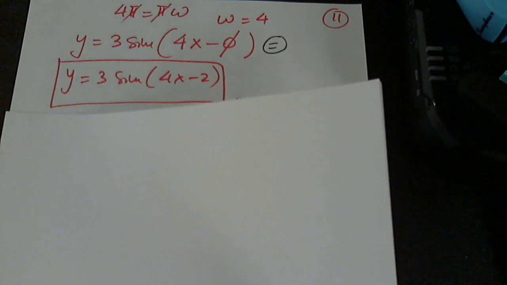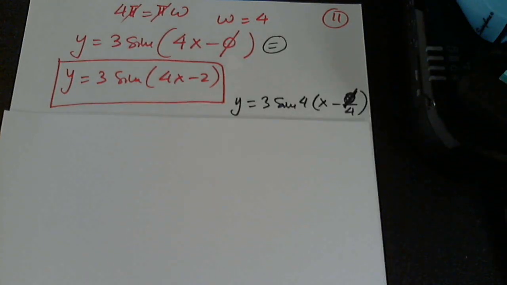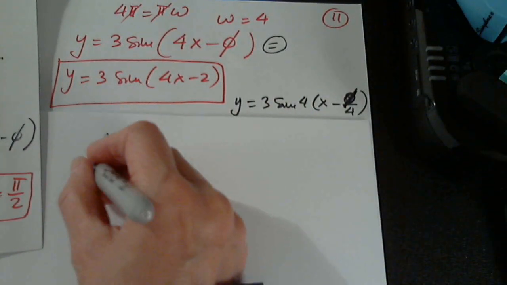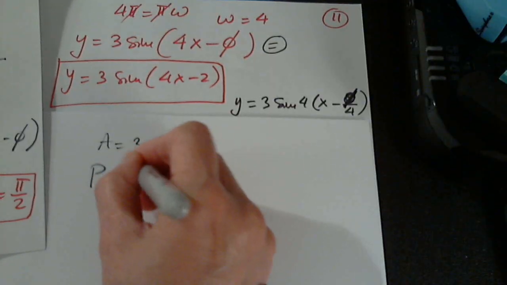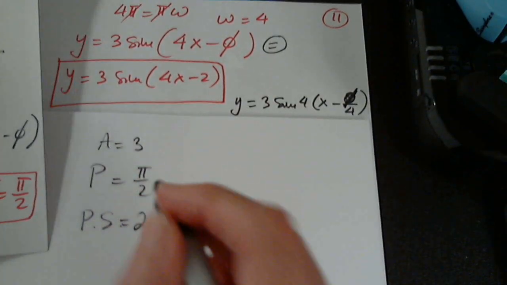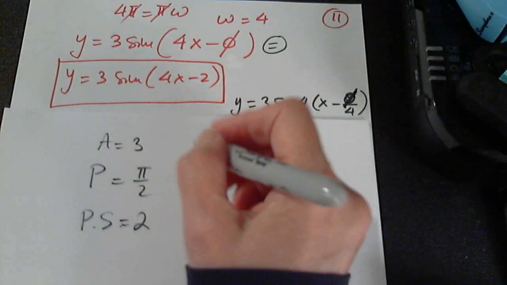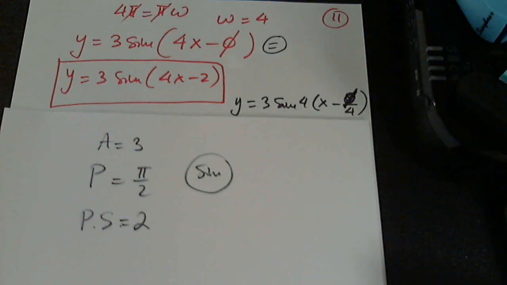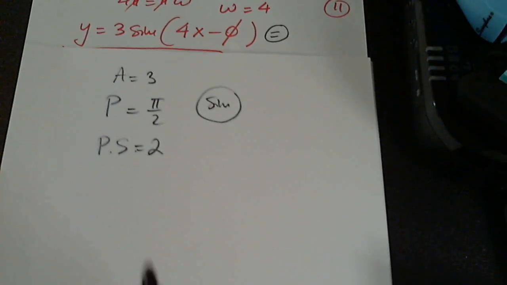So our problem was the amplitude is 3. The period is pi over 2. And the phase shift, they said, is 2. And the function was a sine, because it depends if it's cosine, sine, or something else.